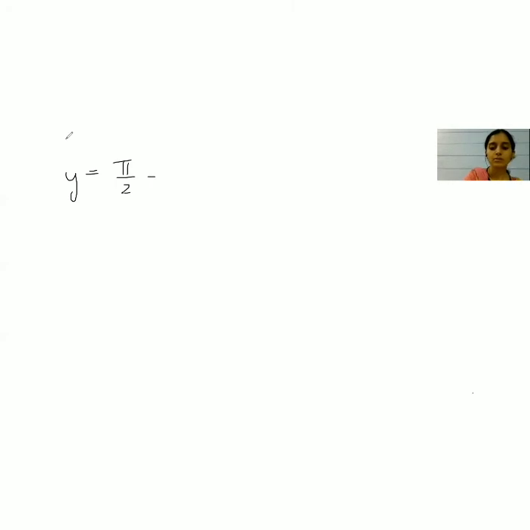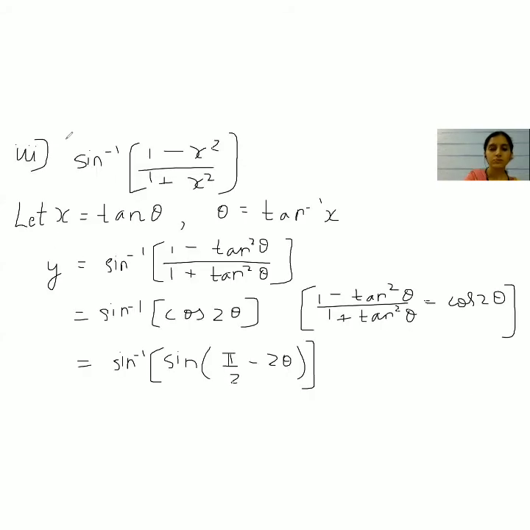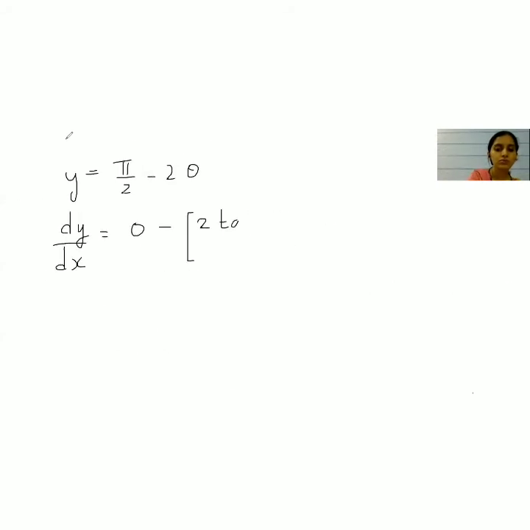Pi by 2 minus 2 theta, yes. So when you take dy by dx, we'll have pi by 2 is 0 minus, what is 2 theta? It will be 2 tan inverse of x, since theta is tan inverse of x. We have to find the derivative of this.